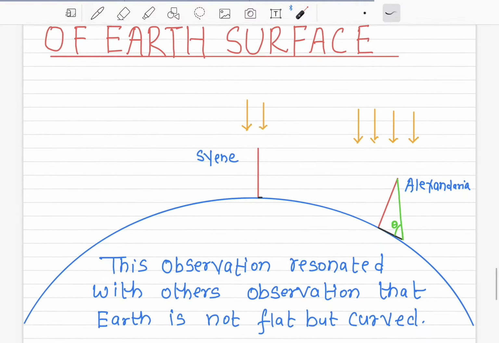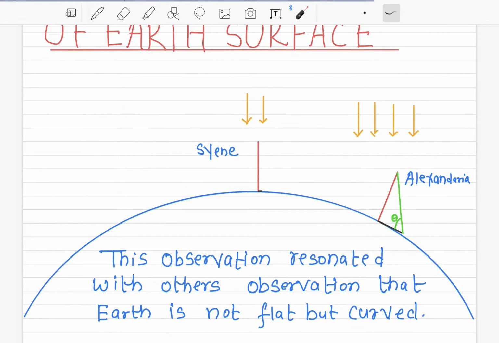So now let's say the earth is curved, not flat. Here, this is the pole in Syene and this is the pole in Alexandria. If you insert a pole here, it has to be perpendicular to the surface. And if the light rays are coming parallel from the sun's surface, and the sun is directly overhead in Syene, then it makes sense the length of the shadow would be zero.